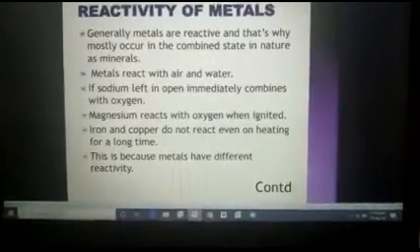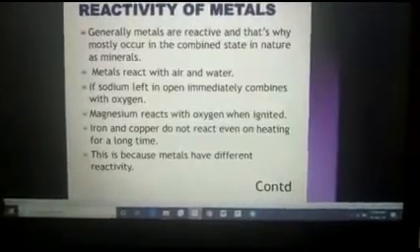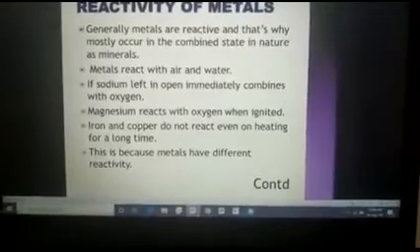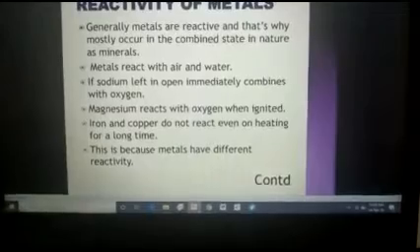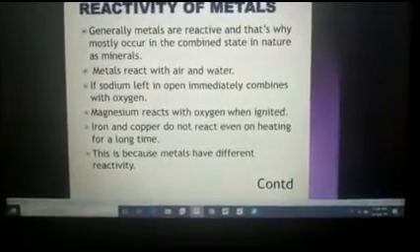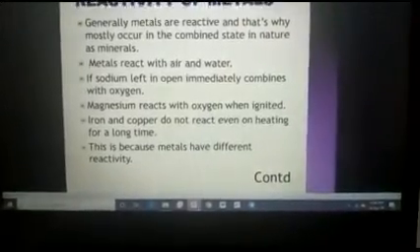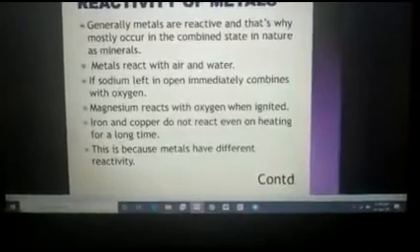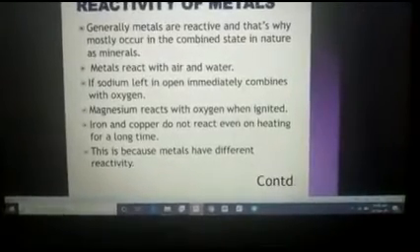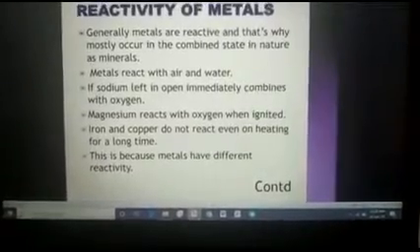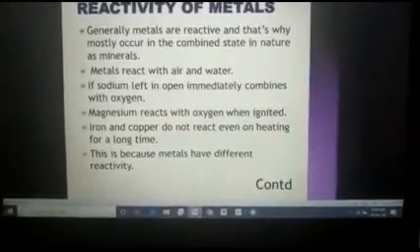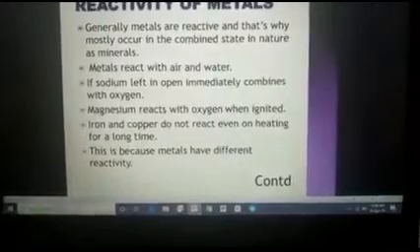Yes, students, sodium is so reactive that you don't need to do anything. Sodium itself reacts with oxygen if it comes in contact. Similarly, the same case is with potassium. Potassium is also highly reactive; if it comes in contact with oxygen, then it reacts spontaneously. We don't need to do anything.